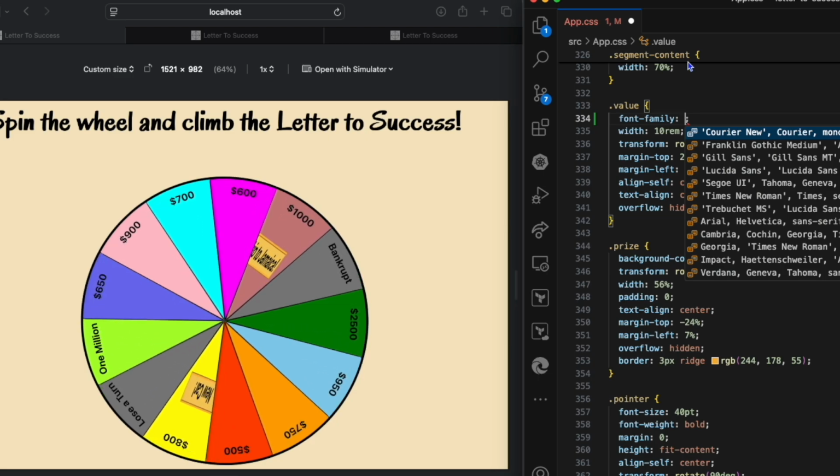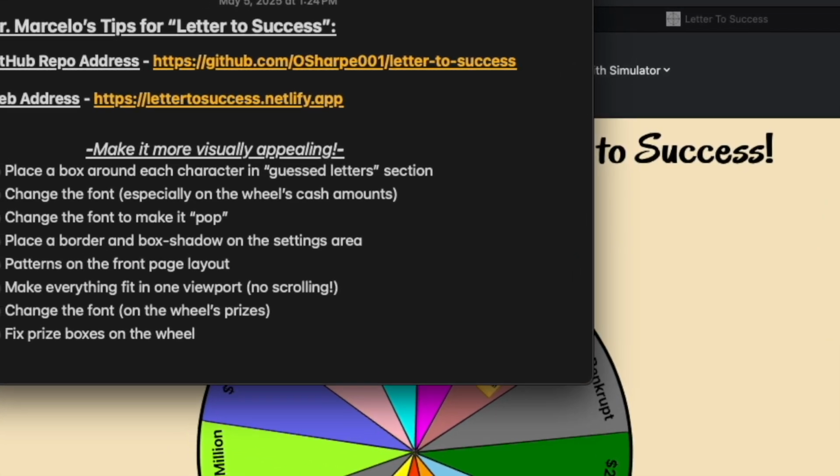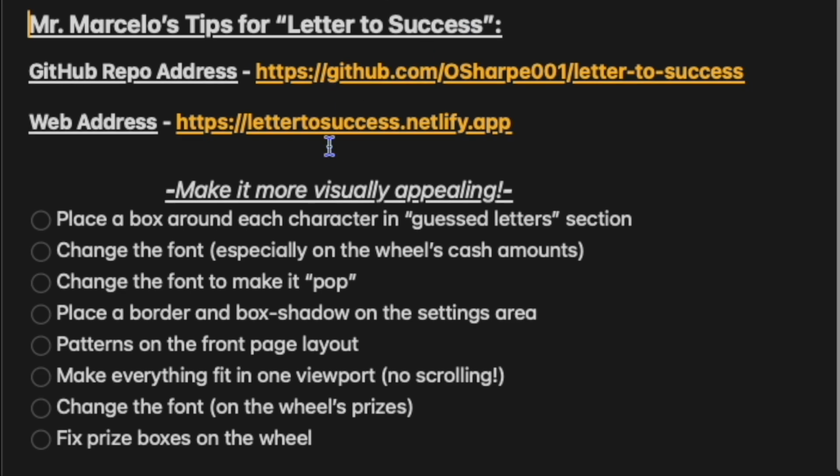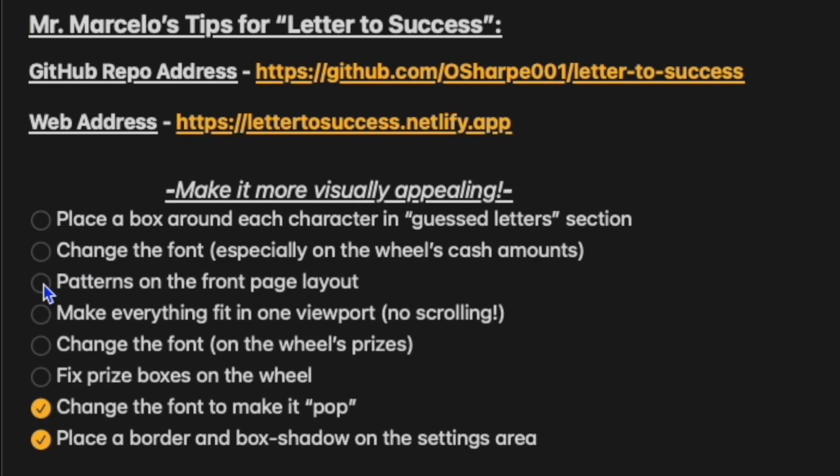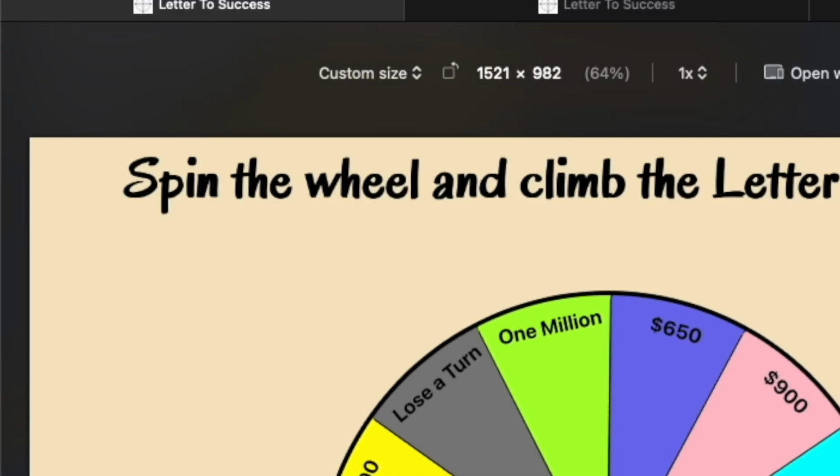Because as per one of Mr. Marcello's tips, place a border and box shadow on the settings area. That's done. Change the font to make it pop. I would say that's just about done. Change the font, especially on the wheel's cash amounts. That's what we're working on now. All right, so let's get back to it.